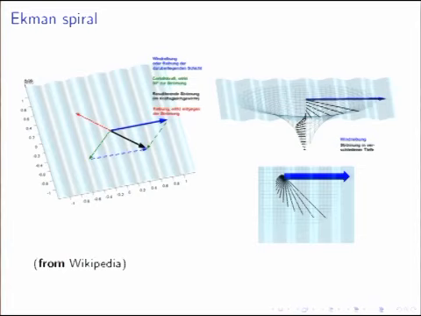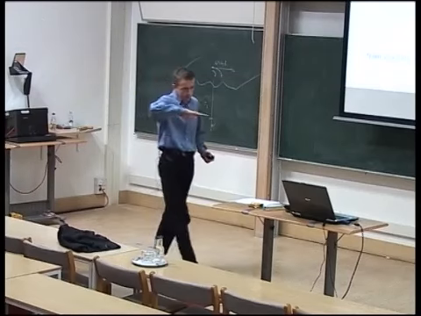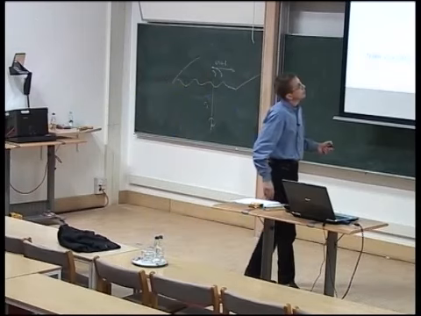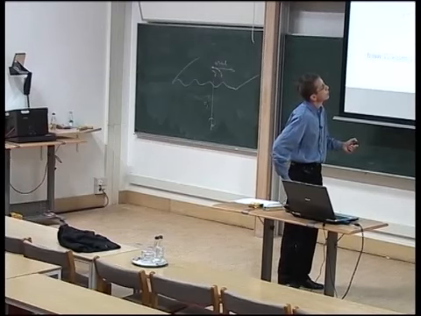Here you see what I've sketched. This is the direction of the wind. This is the direction of the fluid due to the Coriolis force. And you think of several layers of the ocean. In each layer below it, the fluid is directed even more into another direction. So what comes up is a so-called spiral.